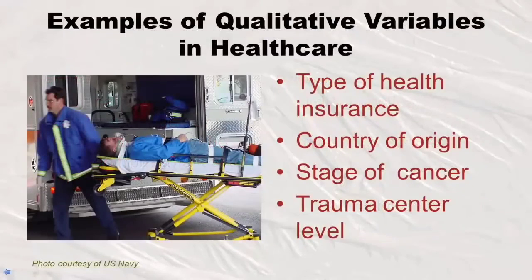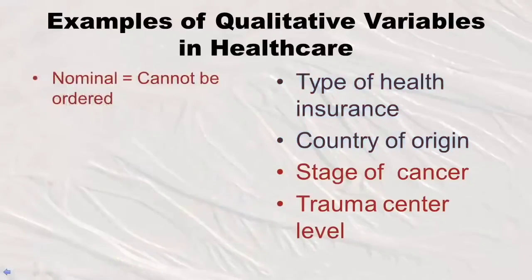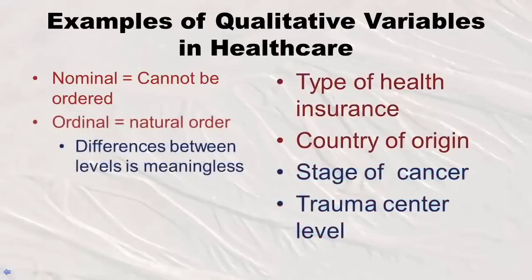So remember our old friends that I threw up there before of these examples of qualitative variables in healthcare. Well, let's just reflect on this. Nominal cannot be ordered, right? So that would be more like type of health insurance and country of origin because they could all be equal.